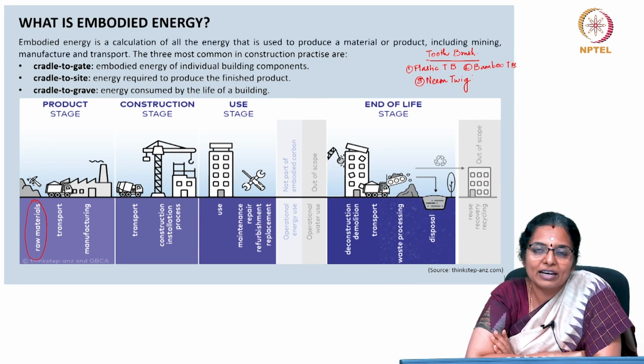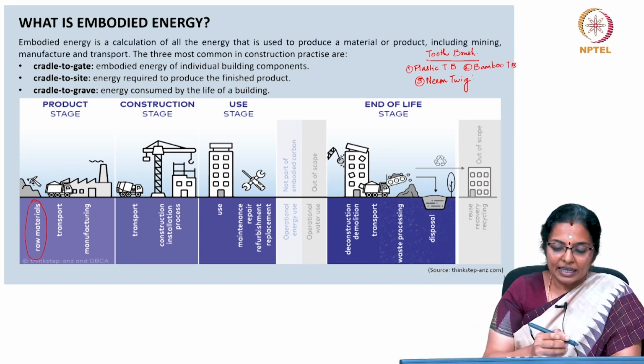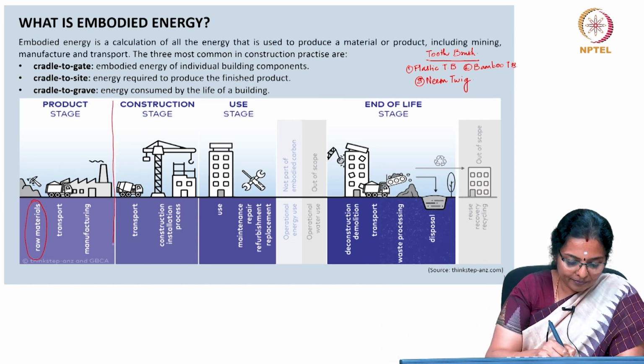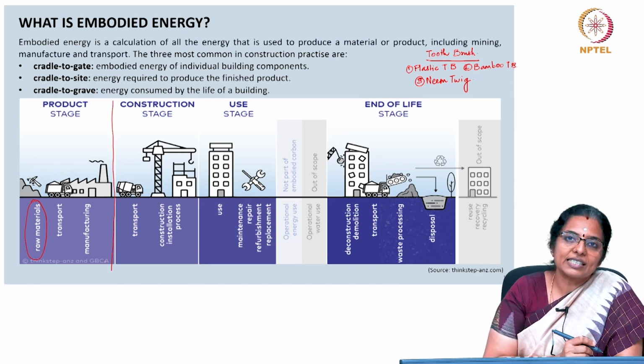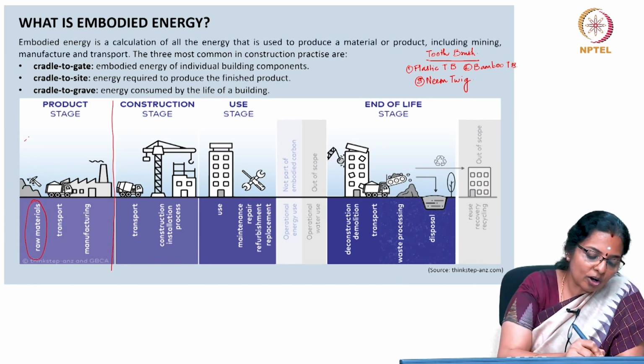And third is manufacture. How do you manufacture a plastic toothbrush, a wooden toothbrush and the neem twig? So, this is called the product stage, where the product is getting manufactured. Use the toothbrush analogy for any other product.